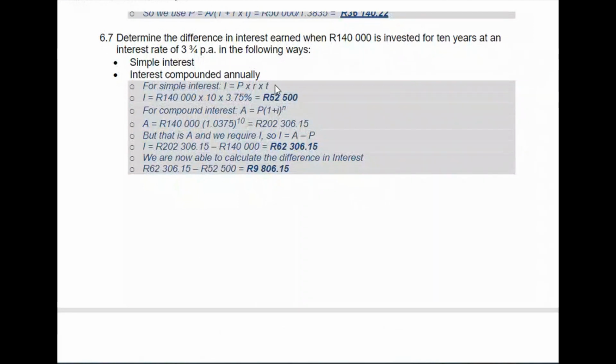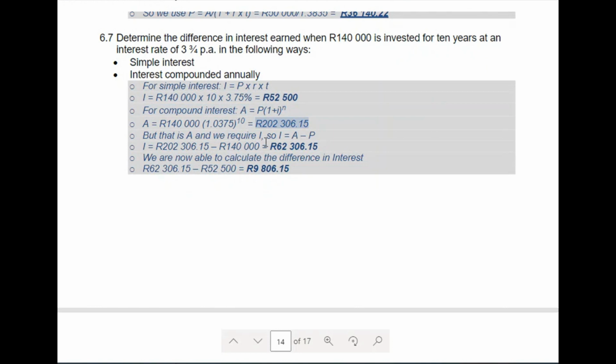So we write down the formula for simple, and we replace the values and we get the answer. Then we write down the formula for compound. We replace the values and we get the value of the future value.